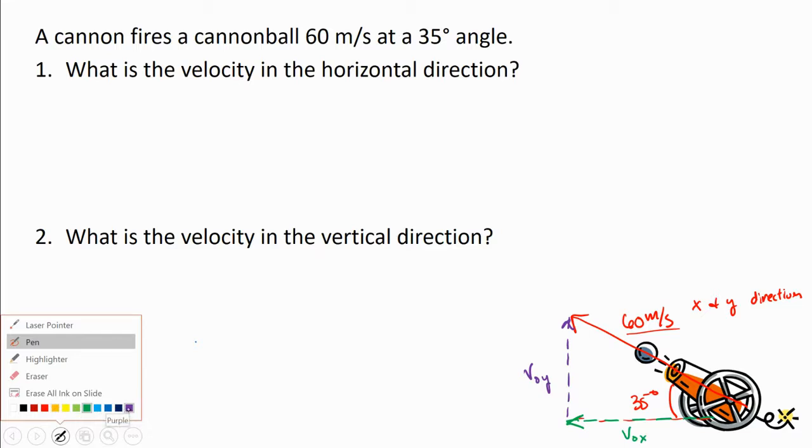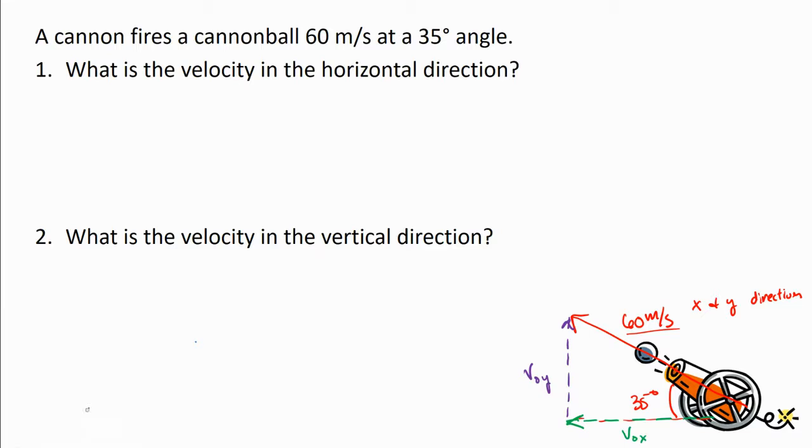So let's take it says find the velocity in the horizontal direction. So that's the green here. This is where trigonometry is going to come in. So we actually have a right triangle right here. So that means we're going to use some trig, some sine, cosine, and tangent. I'm looking for the adjacent, and I have the hypotenuse.